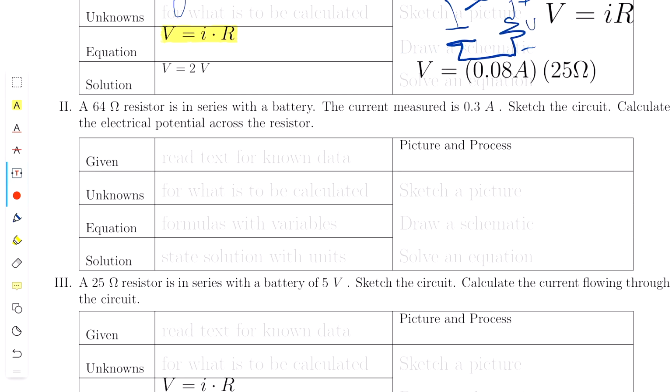And when we multiply that all together, we're going to end up with 2 volts.